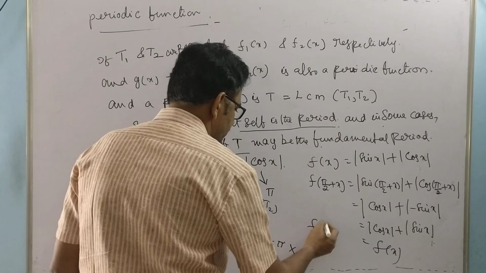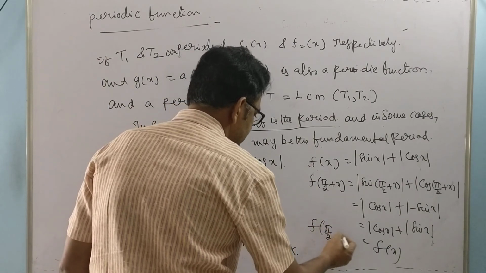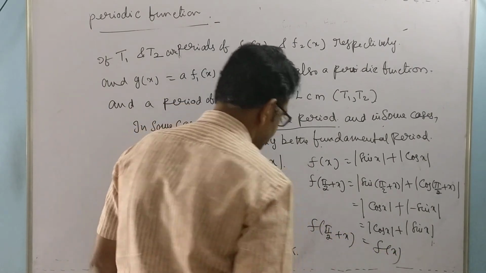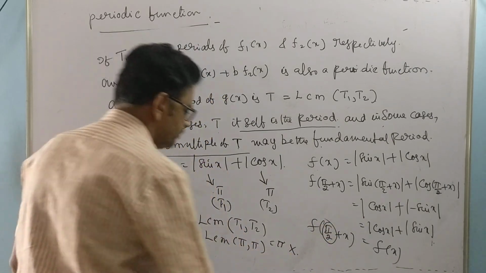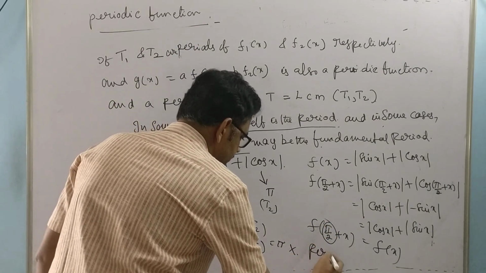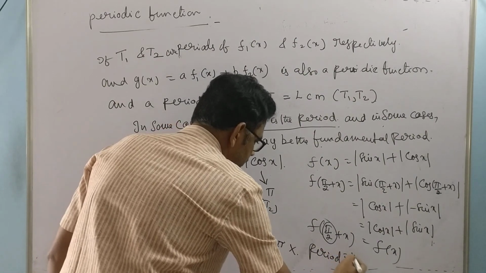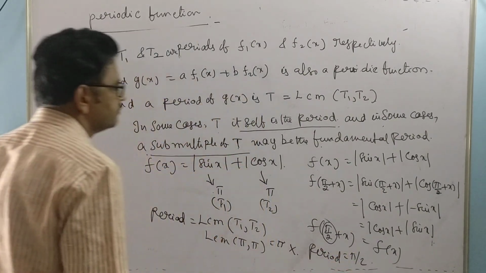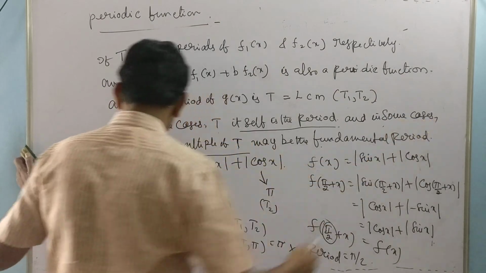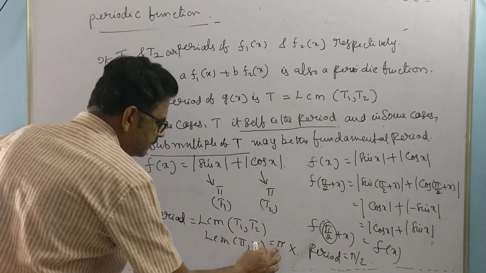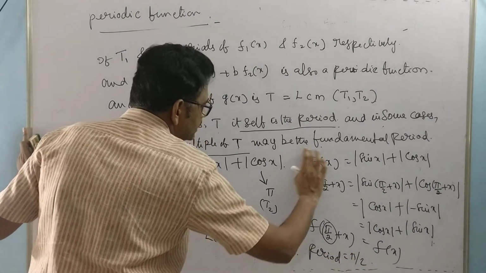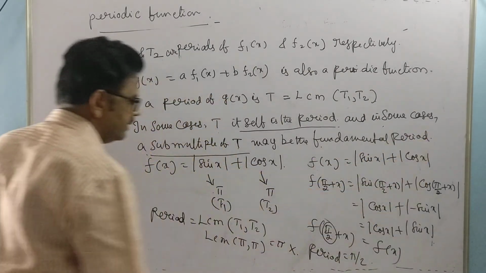So f of pi by 2 plus x is equal to f of x. Now what is the period? Pi by 2. Therefore the period is equal to pi by 2. That means in some cases a submultiple of t, a submultiple of pi, that is pi by 2, is the fundamental period.